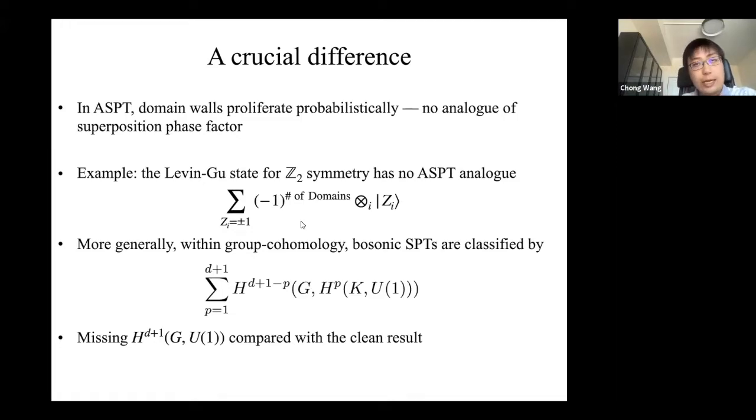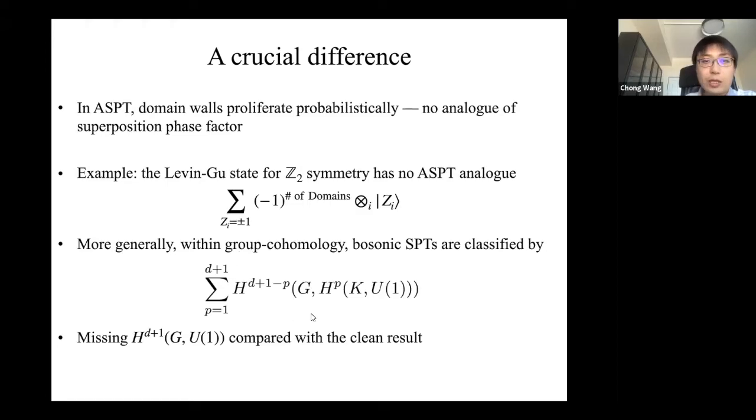More generally, I can think about the K cross G symmetry, the exact cross average symmetry, and within the so-called group cohomology classification of the bosonic SPT, the boson SPTs are classified. If I generalize the argument I just outlined in the previous two slides, the classification is this object.